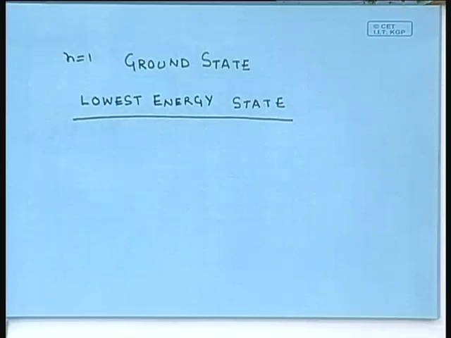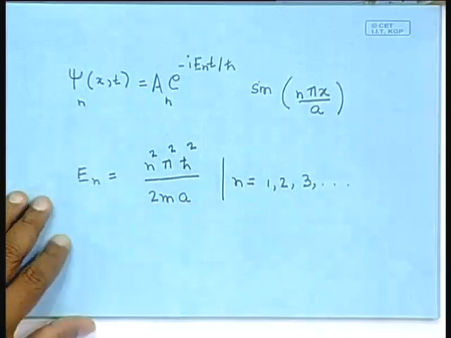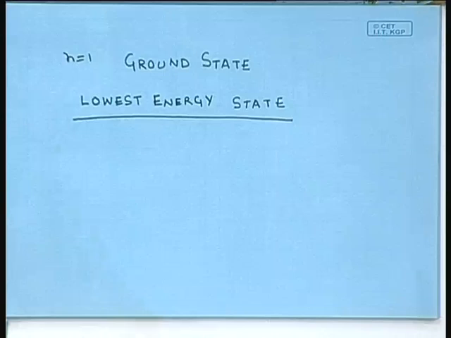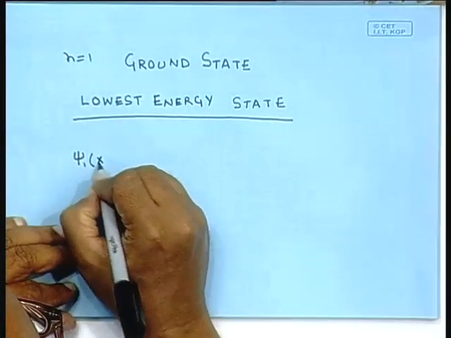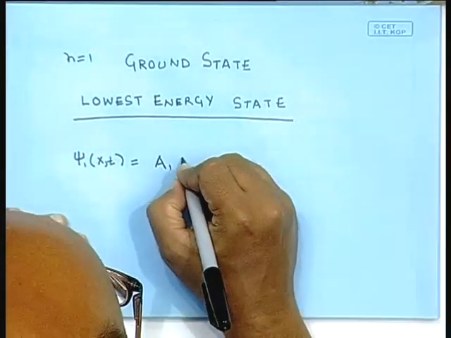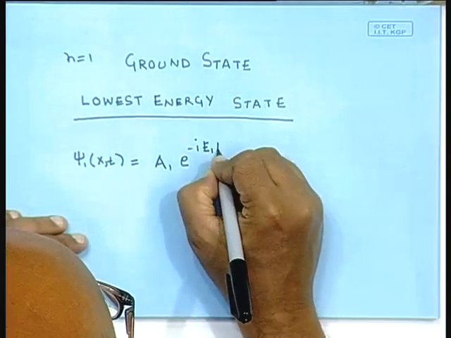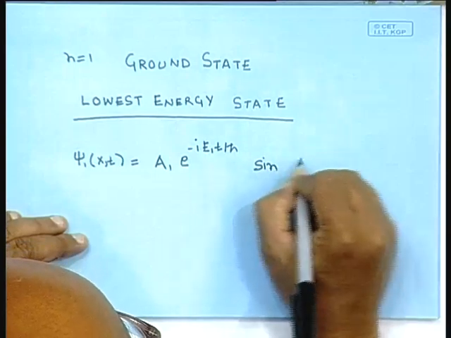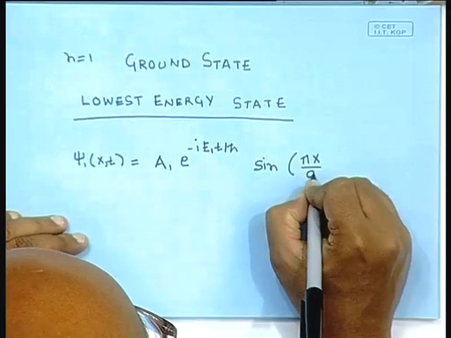What is the wave function? Let me also write that down. So n equal to 1, the wave function is psi 1 x t is equal to a1 e to the power minus i E1 t by h cross sine pi x by a.